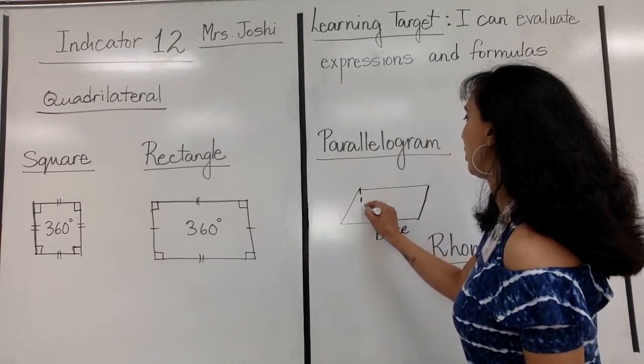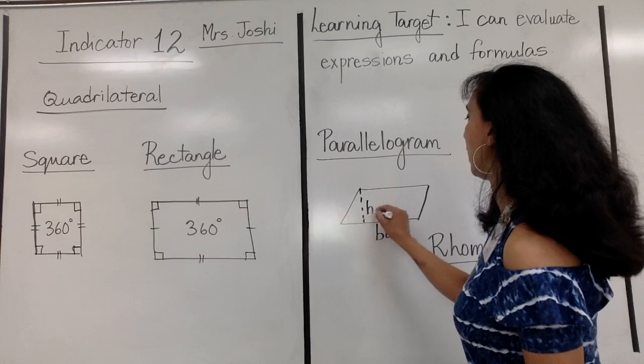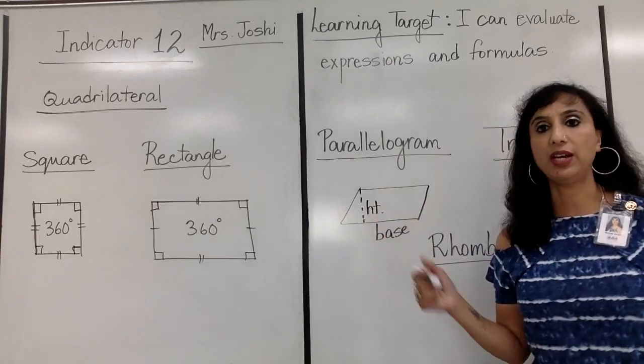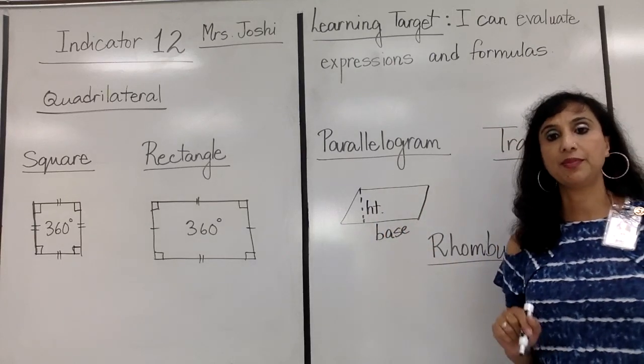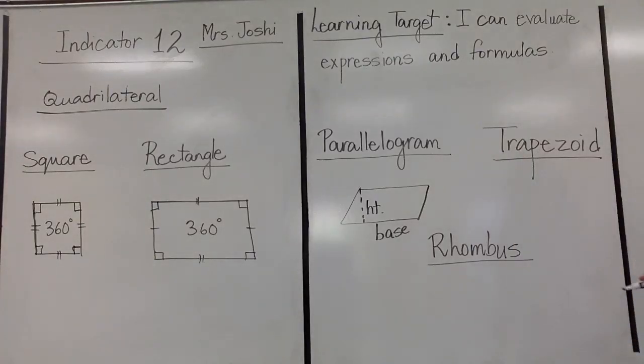Height in any slanting measure is always taken as the dotted line, because we'll get to the area in a minute. Okay? And then we have a trapezoid, which has two bases of different measures. Okay? And then this is, of course, the height.